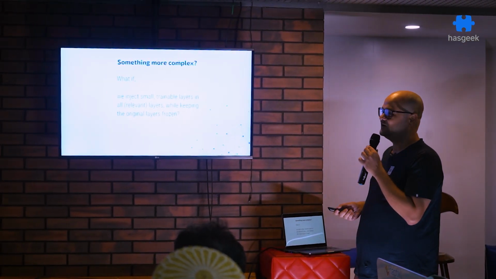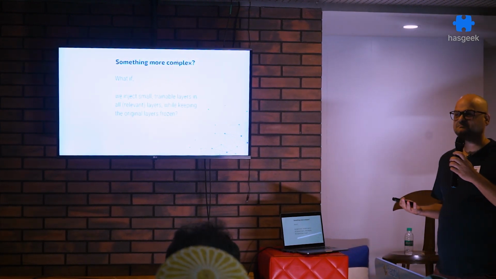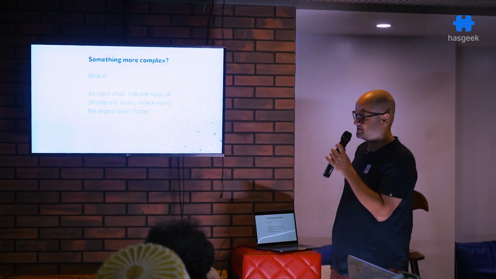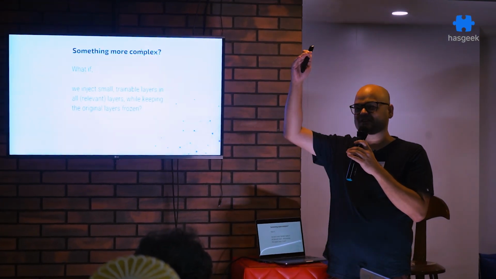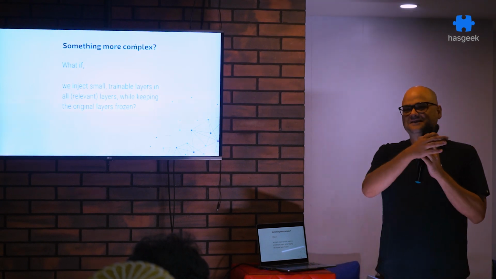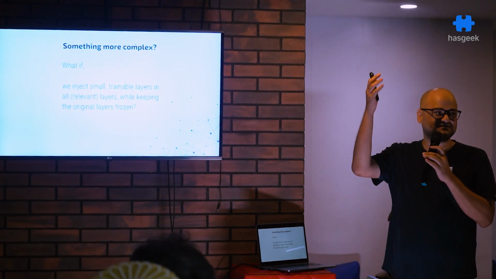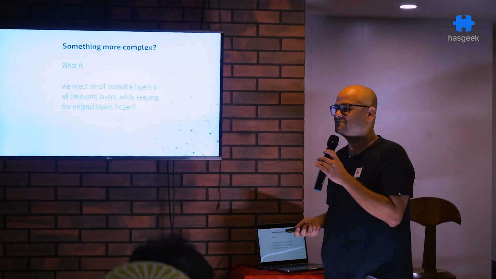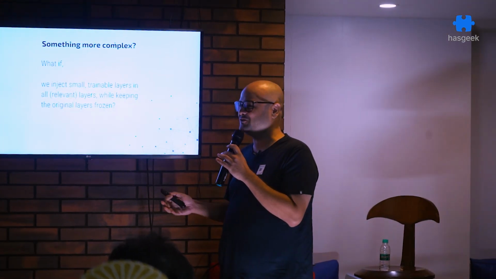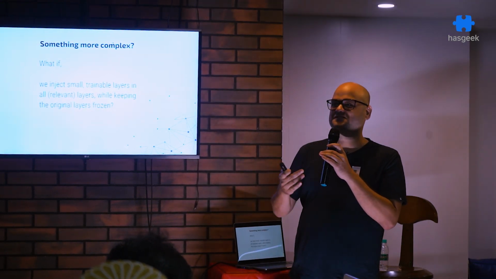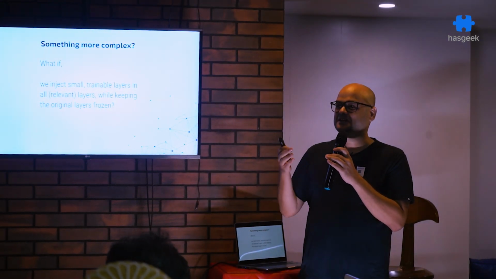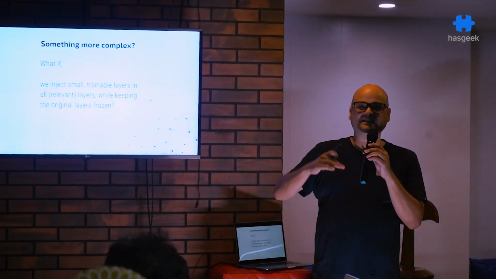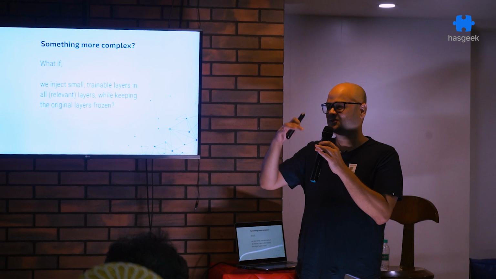So now let's think about something that is on the more complex side. Let's say you have your entire model, and each of these layers that you have, you cannot afford to completely fine tune all of it, right? Because then that is full fine tuning. But what if instead of just fine tuning the last few layers, we add a new trainable layer at each of those layers, in the middle of each of those layers, right?